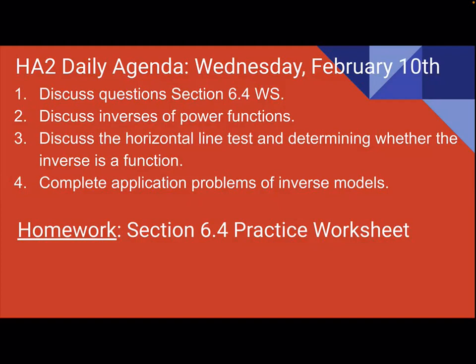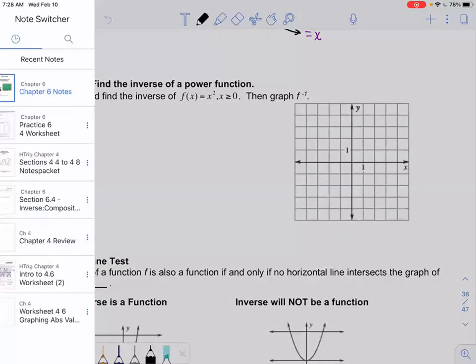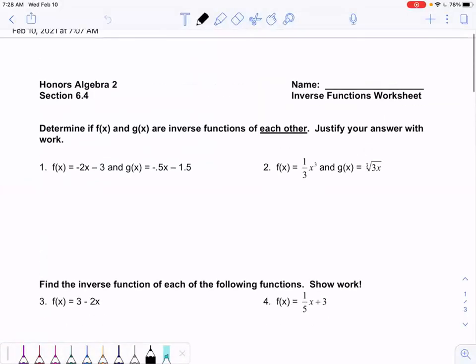All right, so we will travel over to the homework worksheet. And these are 2 good problems, 1 and 2. The directions say to determine if f of x and g of x are inverses of each other.